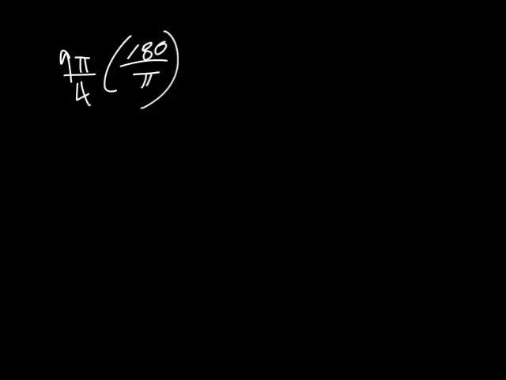So that helps me to remember, okay, is it 180 over pi or pi over 180? Well, I have to be able to cancel my pi's in order to make that work. And so that cancels to 1, and that cancels to 45. So 9 times 45 is going to be 405 degrees.